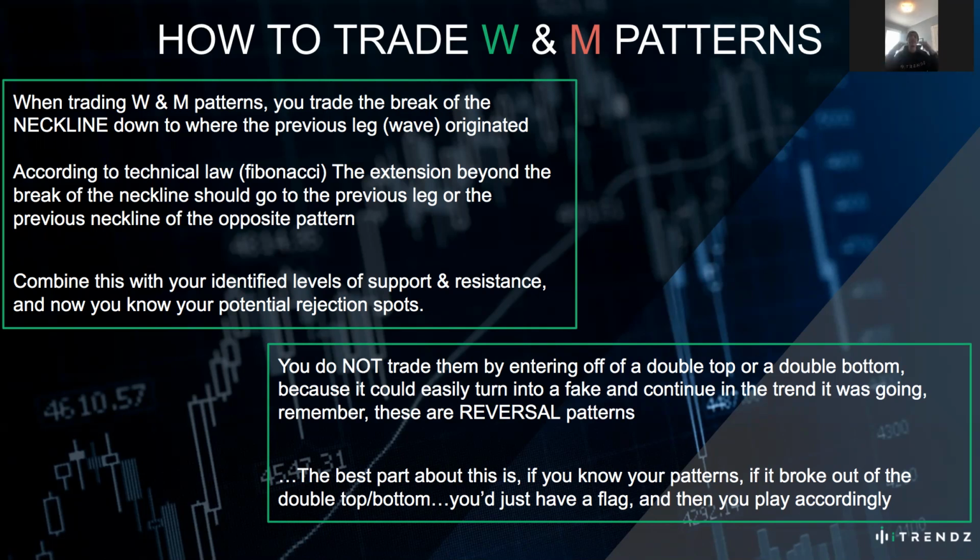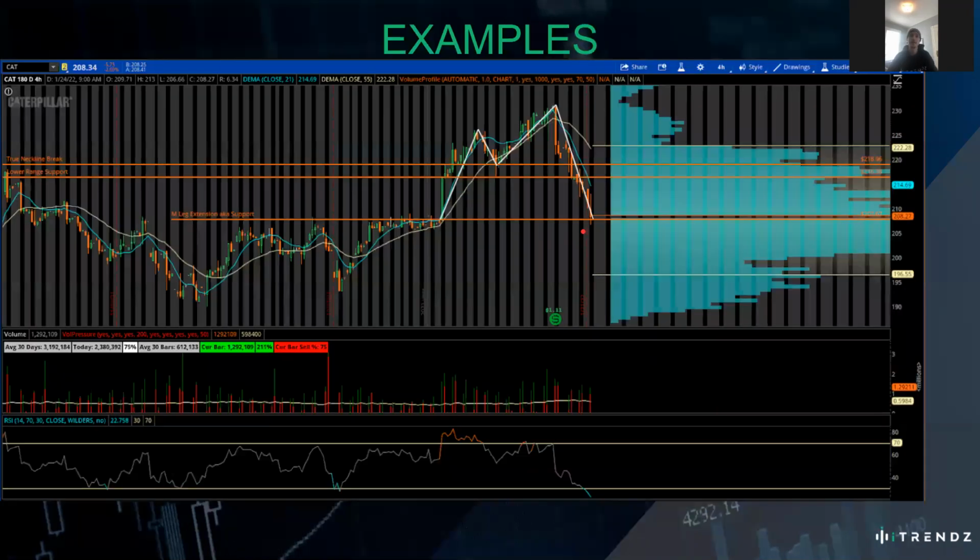So remember that we need a break of the neckline for a continuation down, for a reversal off the trend to continue back down after we have reversed. So the best part about this is if you do know your patterns, if it broke to the top, like I was mentioning before, you have that bull flag, you have that bear flag, it's obvious to identify, and then you just play your reverse setup, a little smaller M or a little smaller W, break of the neckline, you play up, and then you have your Fibonacci laws there as well.